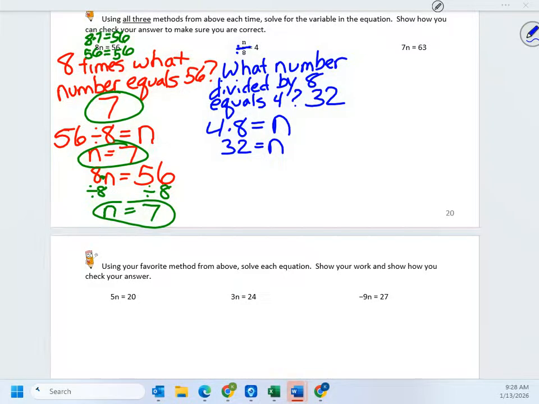And our last one is that opposite operation. So, if we know that that fraction bar means divide, what's the opposite of dividing, Michael? Multiplication. Multiplying. So we want to multiply both sides by 8.